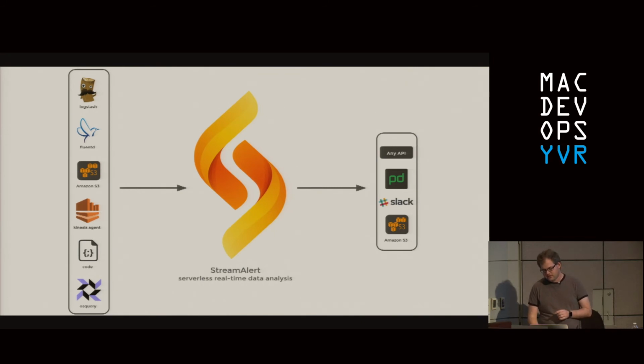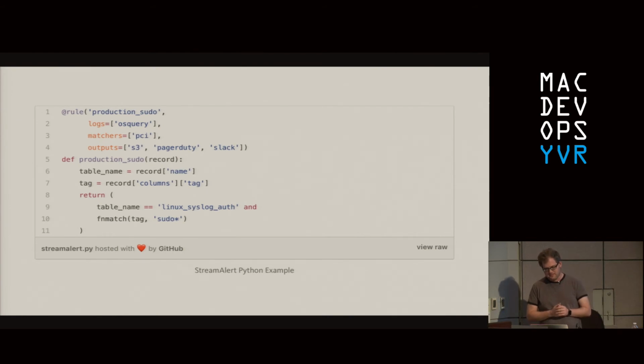So if we look at the next slide, this is what a rule looks like in Osquery. So it's just simple Python. This is one of the sample rules that is included. And what it would do is look for someone sudoing on a production server. Osquery runs on Linux and Windows and all the different things.